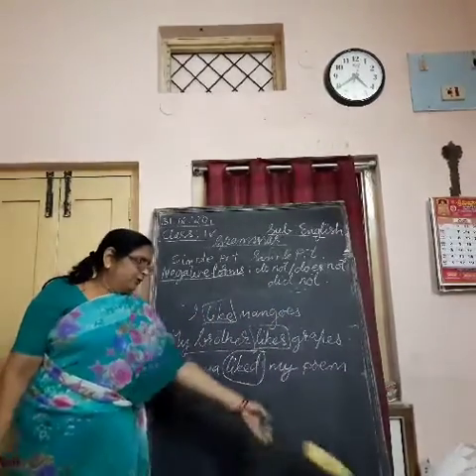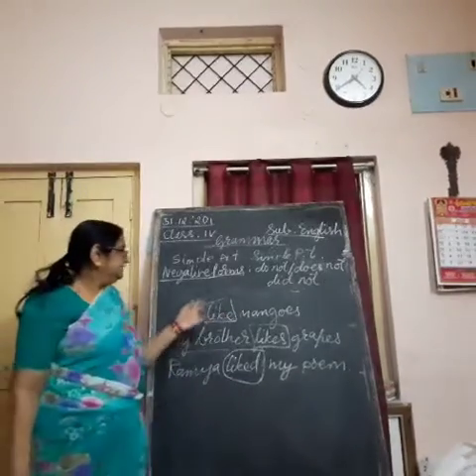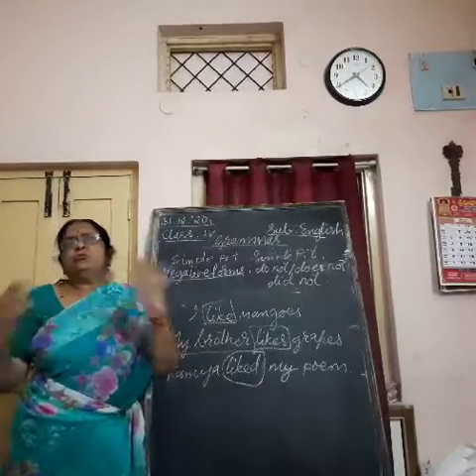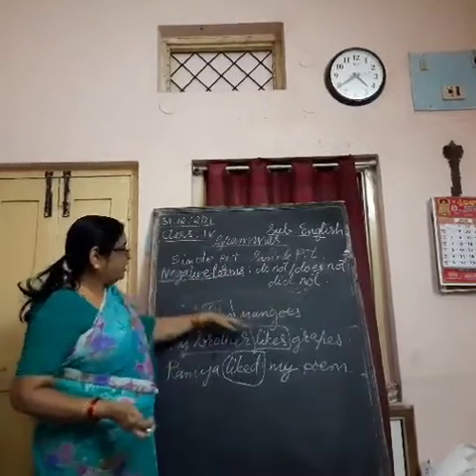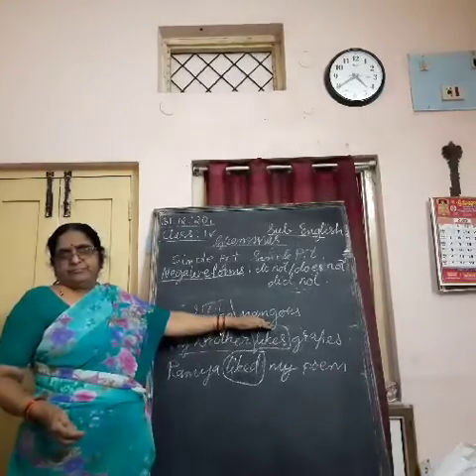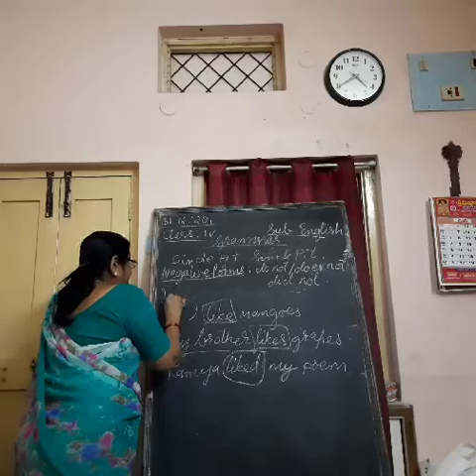For example, I like mangoes, I said. A negative form means the answer is no. I do not like mangoes. Understand? I do not like mangoes.